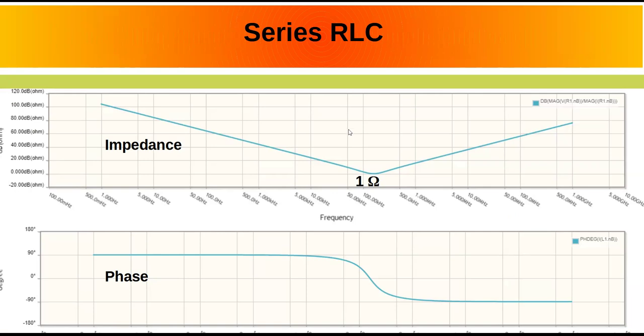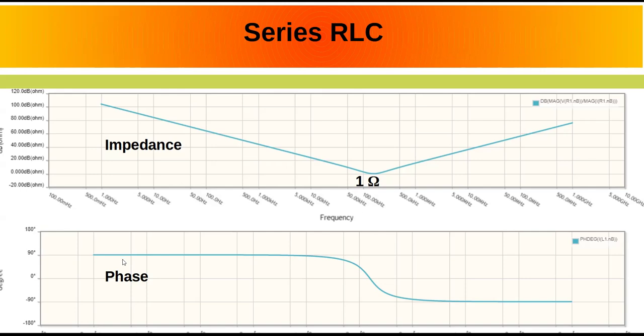I plotted that in a thing called CircuitLab, so you can see how the impedance varies with frequency. And we get down to 1 ohm because it was a 1 ohm resistor in series. So that's the lowest it can be. And then it starts going back up.